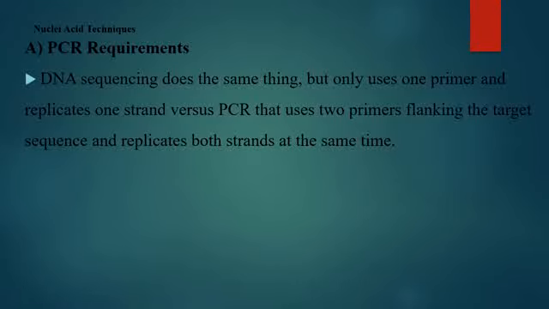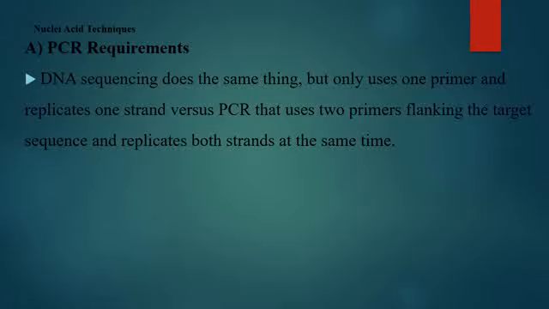Now, DNA sequencing in general is identifying the nucleotide arrangement. In DNA sequencing, the same thing is done like in PCR, but it uses one primer and replicates one strand, whereas PCR uses two primers, one moving in this direction, one moving in the opposite direction, flanking the target sequence, replicating both strands at the same time.